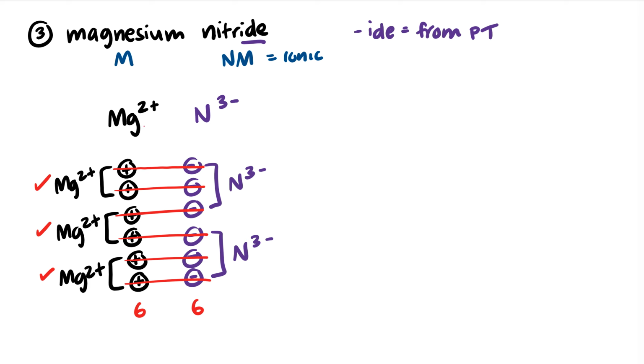So that's going to be Mg3. And then how many sets of nitride 3 negative did we use? We used 1, 2. So that's going to be N2. And so my final answer will not contain the positive and the negative charges. I just want how many magnesiums and how many nitrogens. So my final answer is Mg3N2.